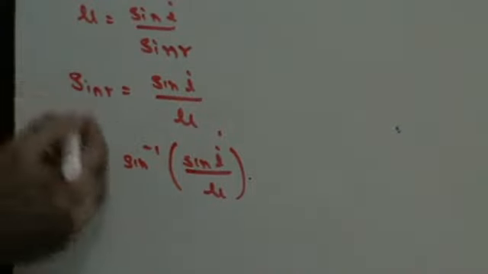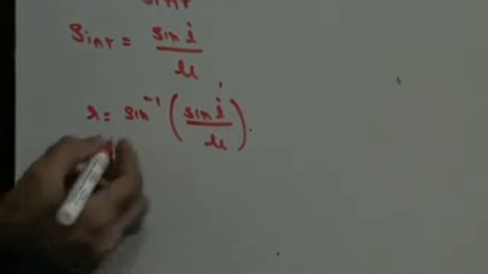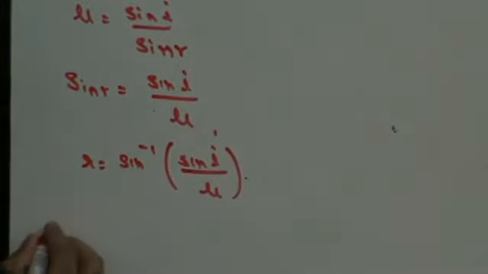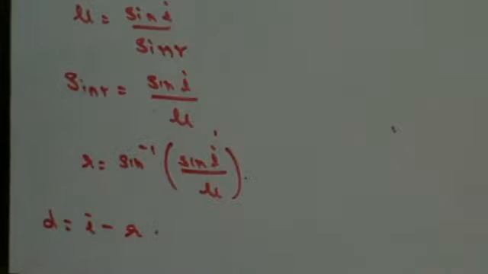Now, once you have the angle of refraction, then you can find out the angle of deviation. The angle of deviation is nothing but I minus R. You already know the value of I. You would have found out the value of R from here. So you should be able to get the answer.